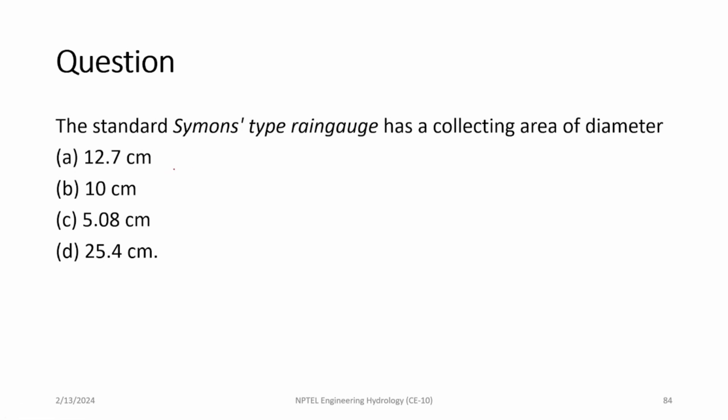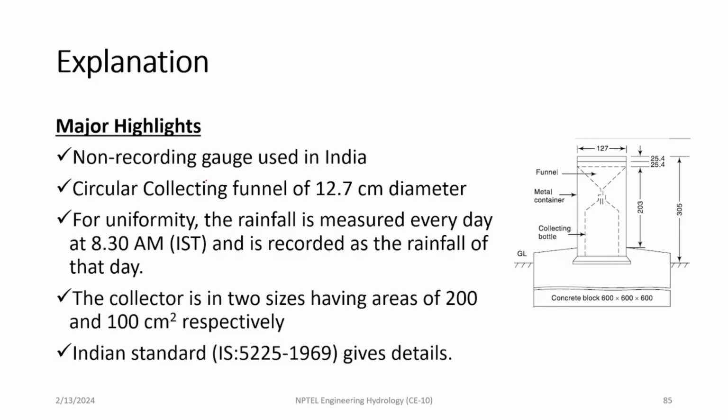Then definitely we will be going into the actual explanation which is associated to this. So you can see from this picture itself. So this is a Symons type rain gauge. Okay, you can see a funnel which is operating here. It is collecting the entire rainfall which is occurring in the region.